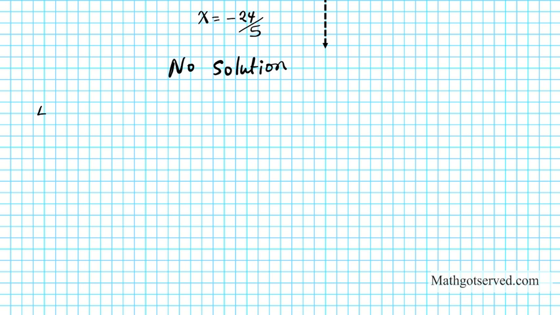Question number 4. We're going to solve the equation log base 2 of x plus 1 plus log base 2 of x minus 1 equals log base 2 of 3. Okay? So now we have to condense these logs before we eliminate.